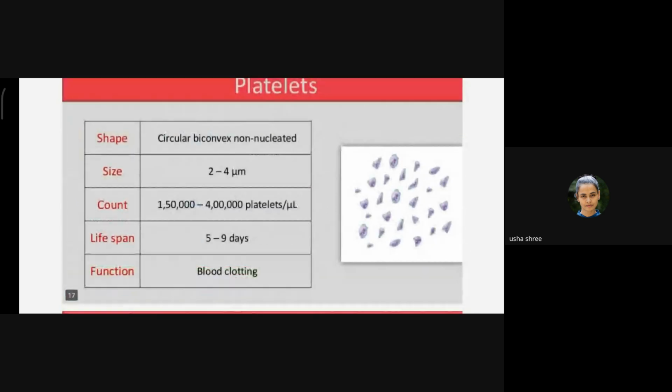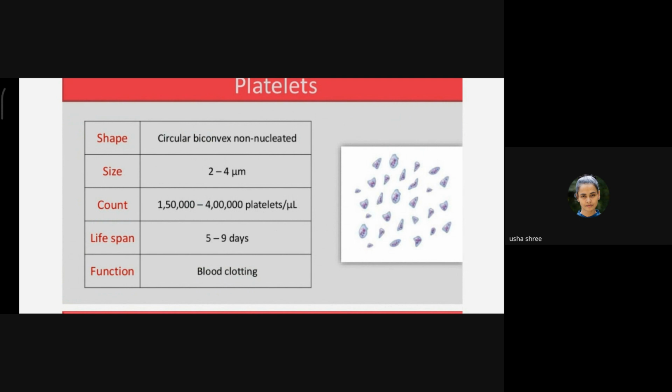Now, platelets. Shape of platelets are circular, biconvex, non-nucleated. Okay, so the shape of platelets is a bit like a tablet in medication. It is biconvex.